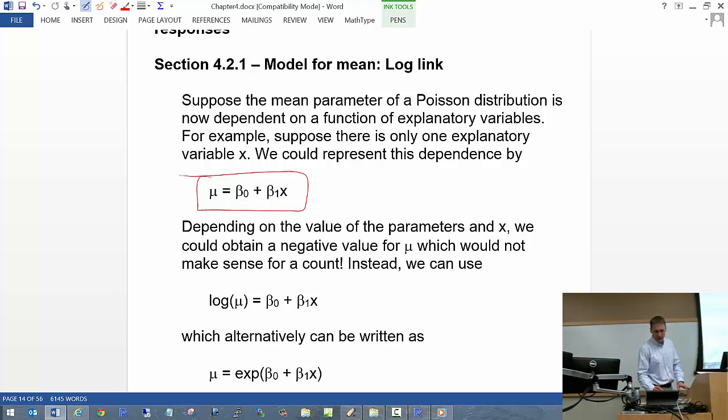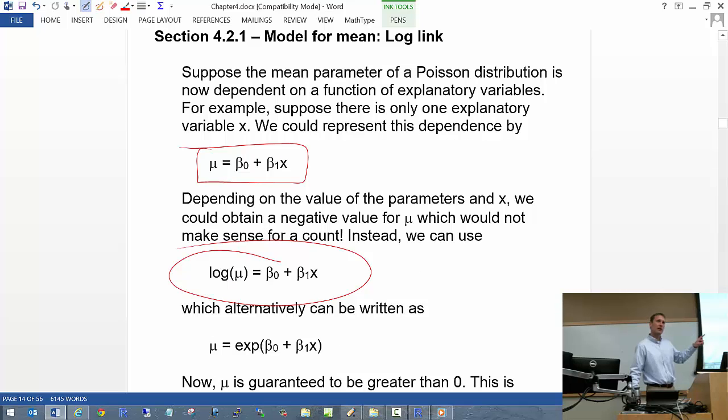And there's a very simple fix. Use a transformation, just like what we did first with logistic regression models, where we used that fancy e raised to some power over 1 plus e raised to some power transformation. Why don't we use a transformation here to guarantee that our parameter of interest is always within the correct range?